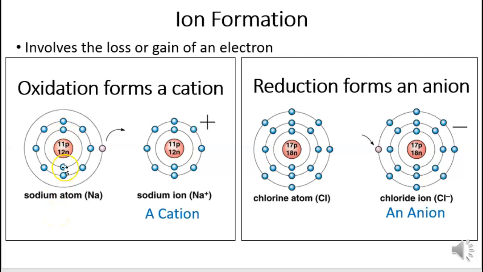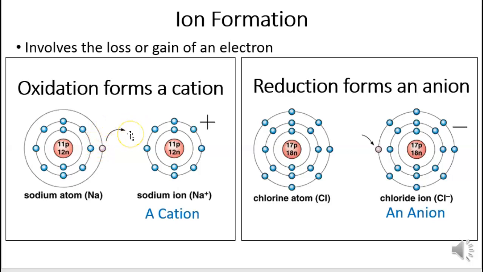So there are 2 electrons in the first orbital. There are 8 in the next orbital. That leaves 1 electron. This last electron is in the valence orbital, and that's very unstable. It would have to gain 8 to fill the octet rule. What it tends to do instead is lose the 1 electron.